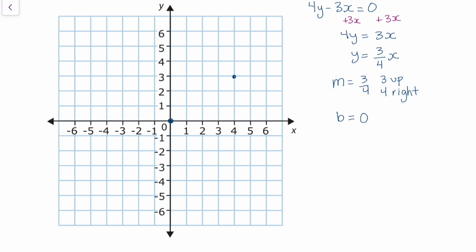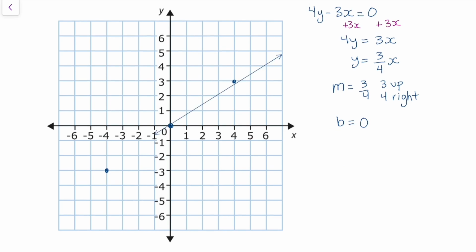And I'm following that pattern in order to get some points to graph my line. And I'm trying to be as accurate as possible. And I'm going to label this line so I know which one it is.